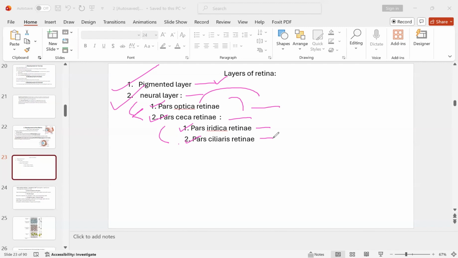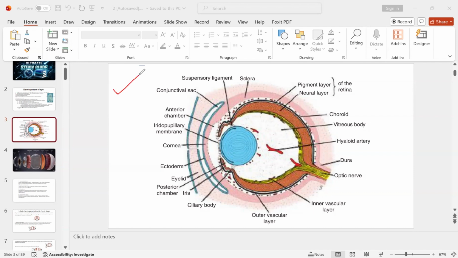Let me explain this with the help of a diagram. This is another diagram of a well-developed eye. You can see that this black layer is the pigmented layer of the retina. It is the outermost layer of the retina. And beneath the pigmented layer is the neural layer of the retina. So this is the neural layer of the retina.